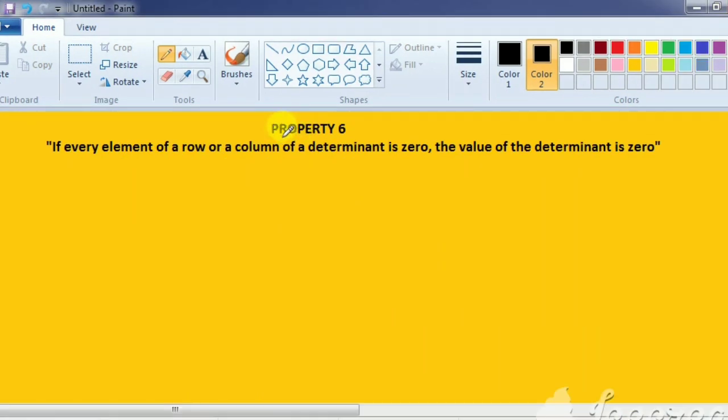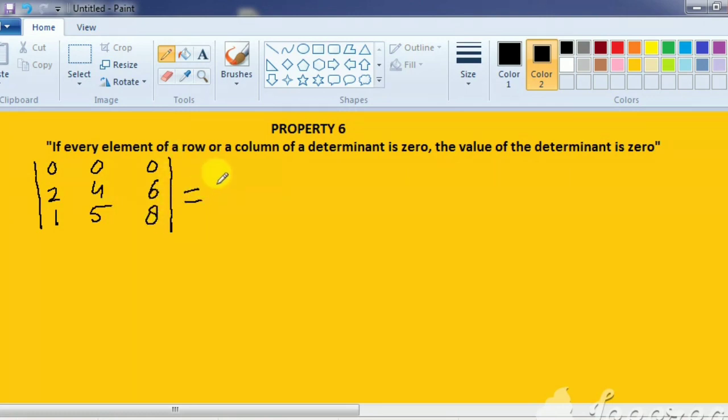Now here we come to property 6, which states that if every element of a row or a column of a determinant is 0, the value of the determinant is 0. So suppose we have the determinant whose first row is 0, 0, 0, second row is 2, 4, 6, third row is 1, 5, 8.